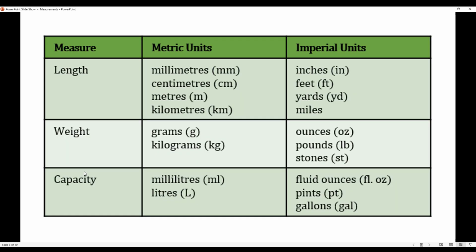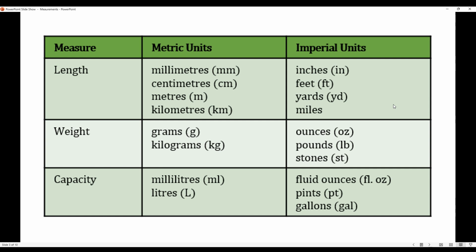And let's look at this table. What do you see in this table? That's correct. We see two different types of measurement units. We have the metric unit system and the imperial unit system. And again, we're using these units to measure length, weight, and capacity. Which measurement unit do you think is the American one?